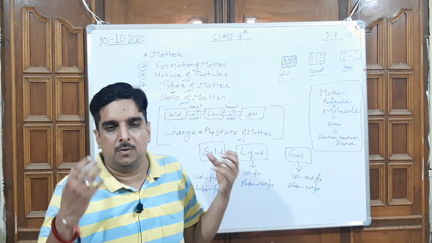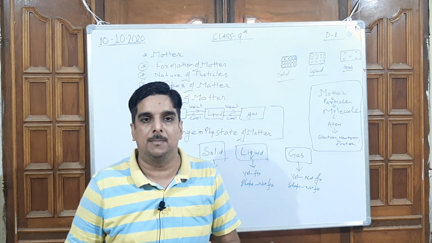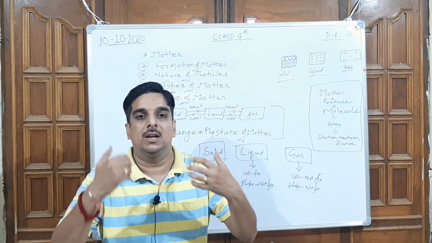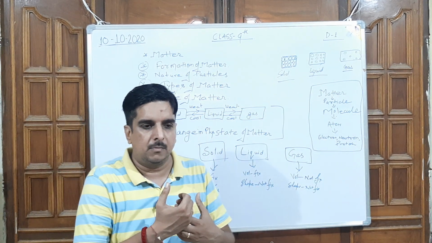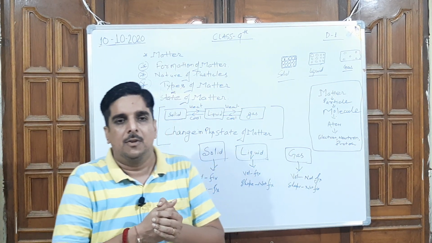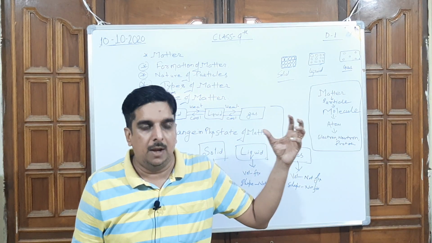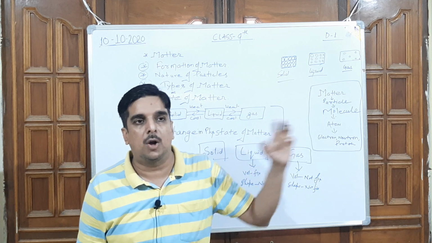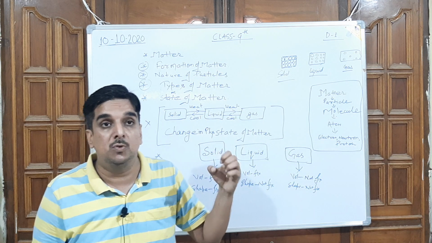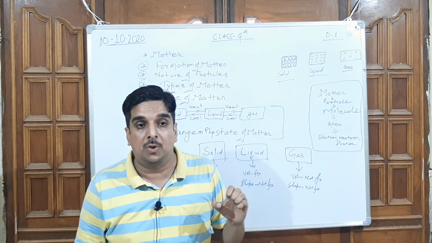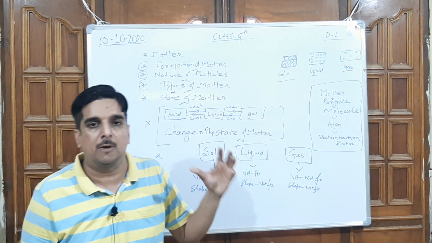What do we mean by organ system? Like the respiratory system, digestive system, and other things like that. So the body is made up of organ systems, organ systems are made up of organs, organs are made up of tissues, and tissues are made up of cells. This is the biological criteria for the formation of the body.